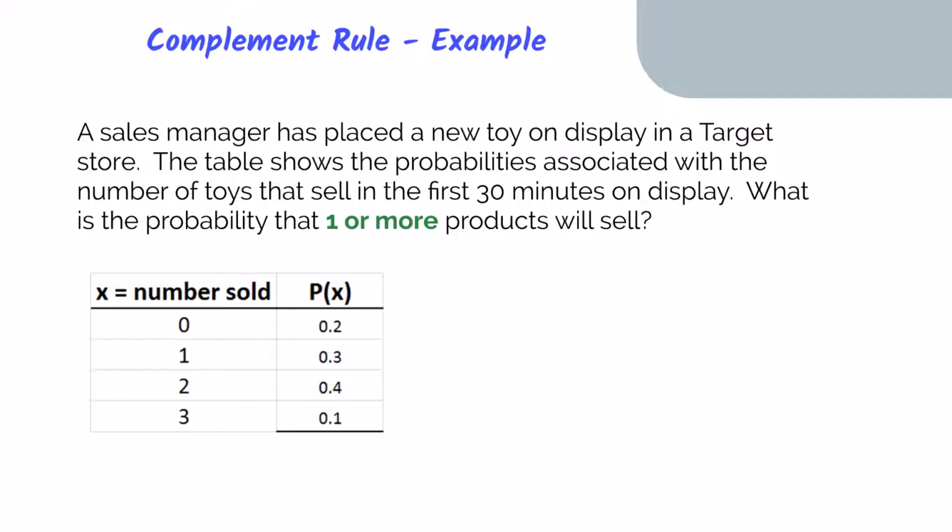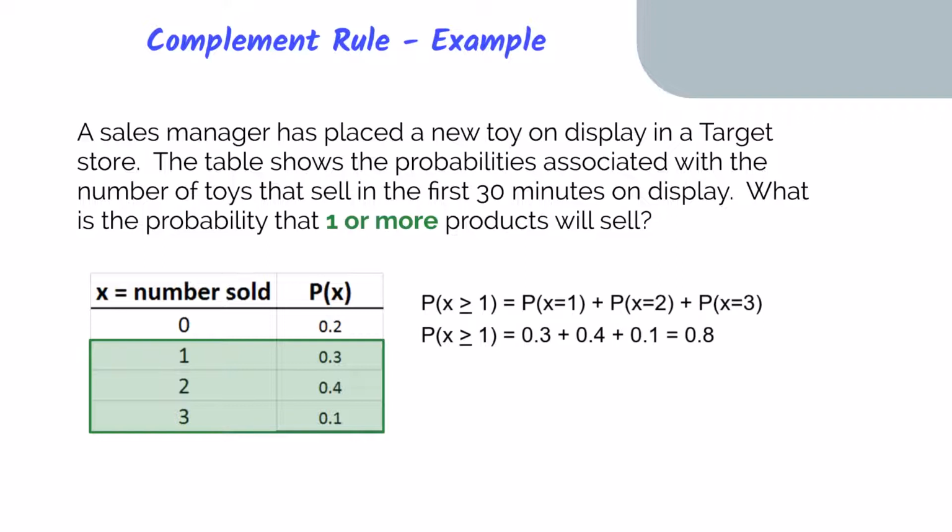According to our previous rule, we can simply add up the probabilities for each scenario where 1 or more products is sold. Here we have highlighted 1, 2, and 3 toys being sold, and so we'll add up the probability of X equals 1, 2, and 3. That is 0.3 plus 0.4 plus 0.1 equals 0.8.